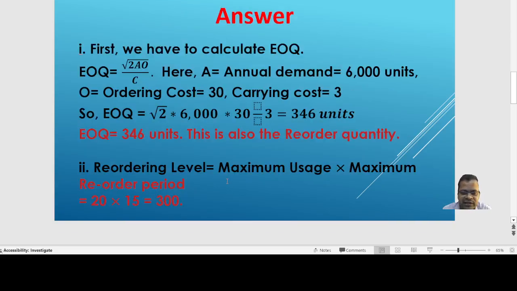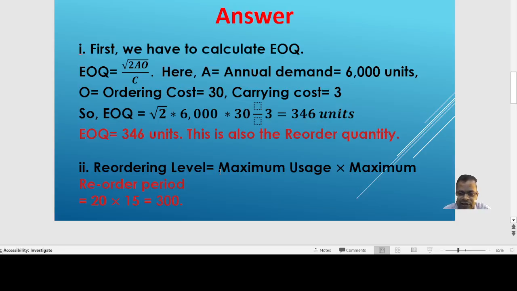Reordering level is the maximum usage. The formula says maximum usage into maximum reorder period. So what is the reordering level? We have already studied that it is the inventory level at which the company has to place another order, because beyond that the input flow into production will get affected, so it has to be replenished.